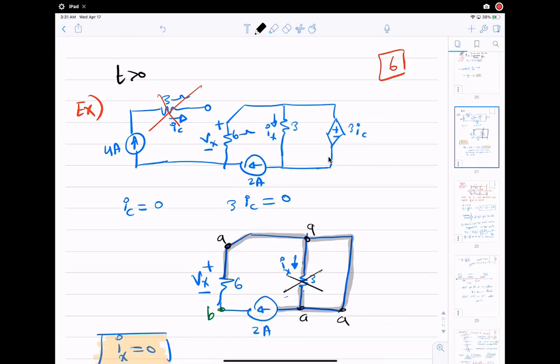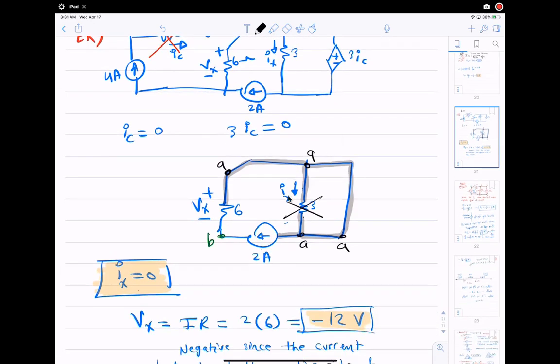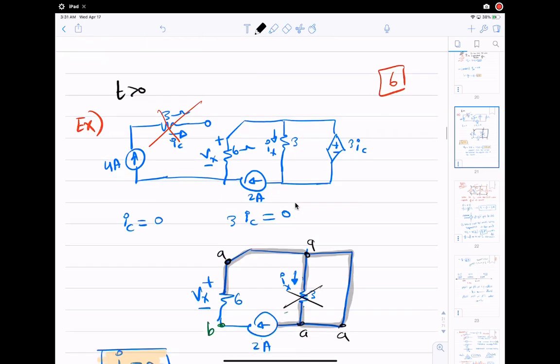So again, if this resistor is cancelled, what's the value of Ix? It is 0. Okay, if Ix is 0, this is gone, this is a short circuit, so we're left with, if I erase this, then you only have this loop, right?